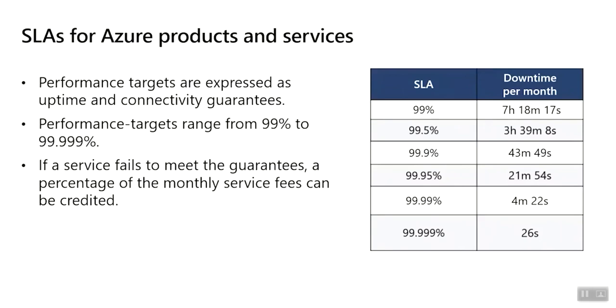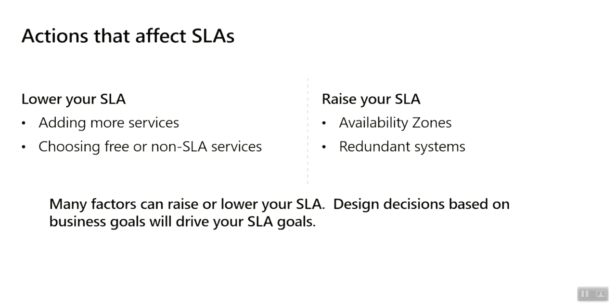Now, there's different things that impact your SLA. One, the more services that you add to your solution, the more complex it gets. And because you have more complexity, the SLA is going to go down. Because if everything's a fraction, as you multiply, the fractions are going to get smaller.